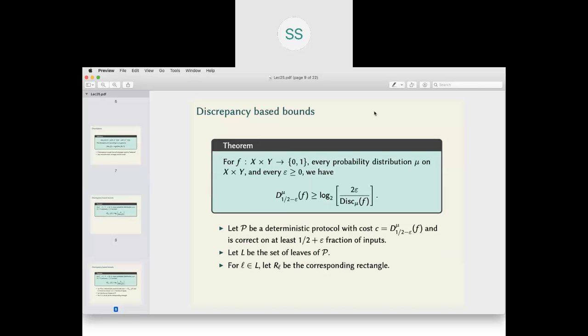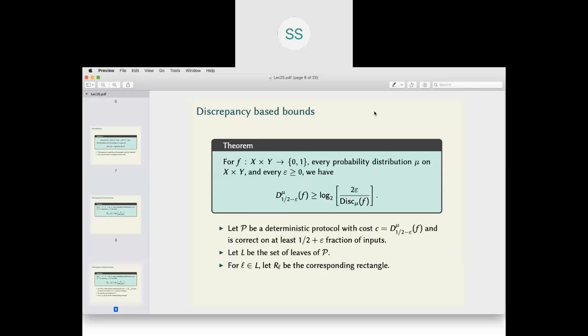So let P be such a deterministic protocol, right? Of course, there should exist such a protocol because we are picking the cost to be equal to the distributional complexity. Now look at the set of leaves of P, right? And for a particular leaf l, let R_l be the corresponding rectangle, right?